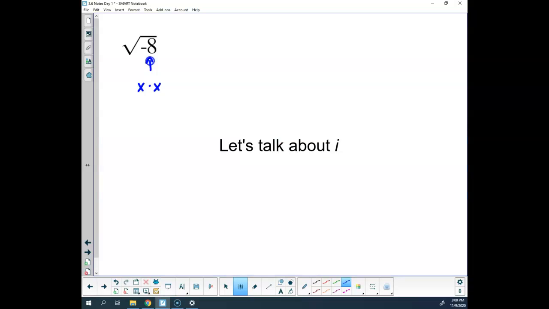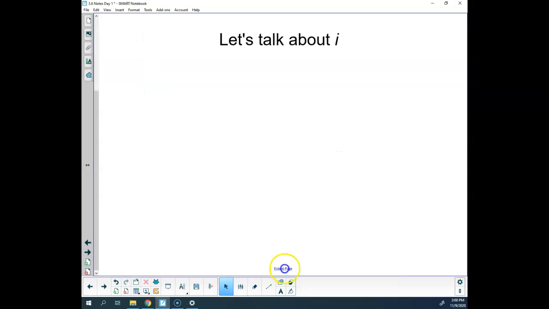So we have to talk about i. Okay? i is the symbol that we use for an imaginary number. The bedrock foundation principle that we're going to use here is the fact that i squared is -1.